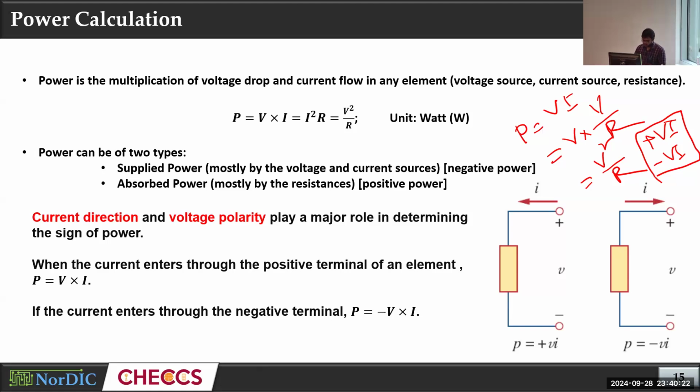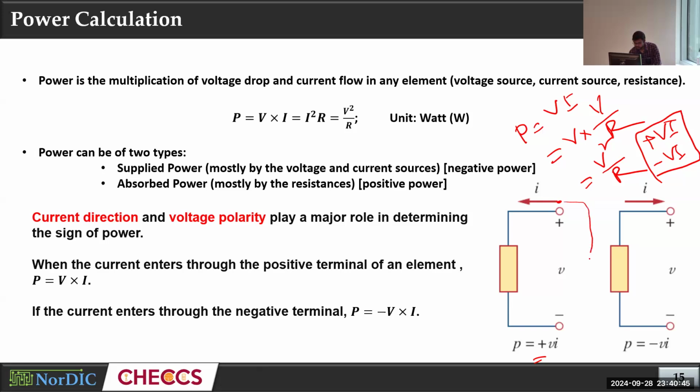So you can see here, if we look at the first figure, is this current entering through the positive node or leaving through the positive node? Entering. You can say from the direction. The current is not generated from here.